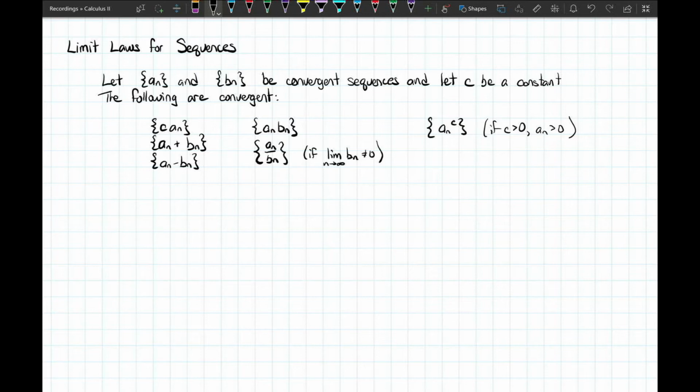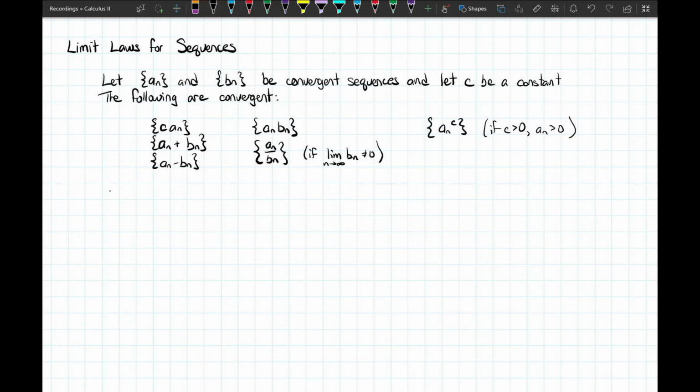A product of convergent sequences is convergent. A quotient of convergent sequences is convergent as long as the denominator does not have a limit equal to 0. And even a power of a convergent sequence is still convergent so long as we have a positive power and each term an is also positive.